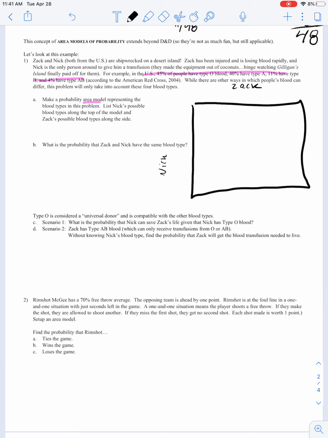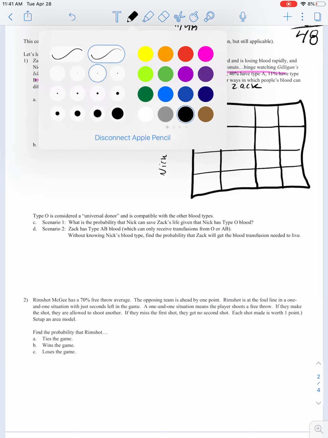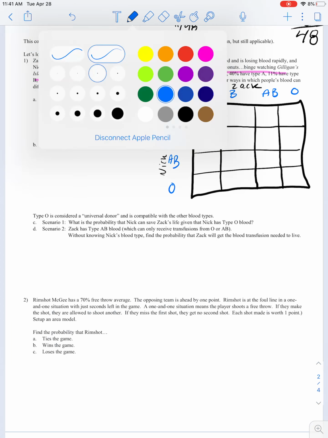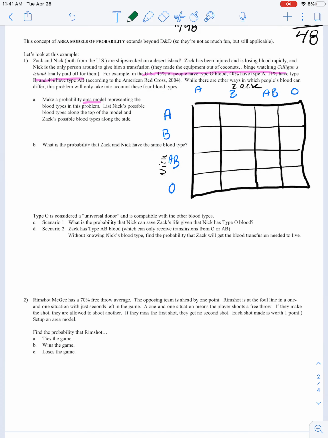We don't know right now what blood types they have yet, but the options are A, B, AB, and O. So Nick or Zach could have any of these, so we're going to list those options out to the side.